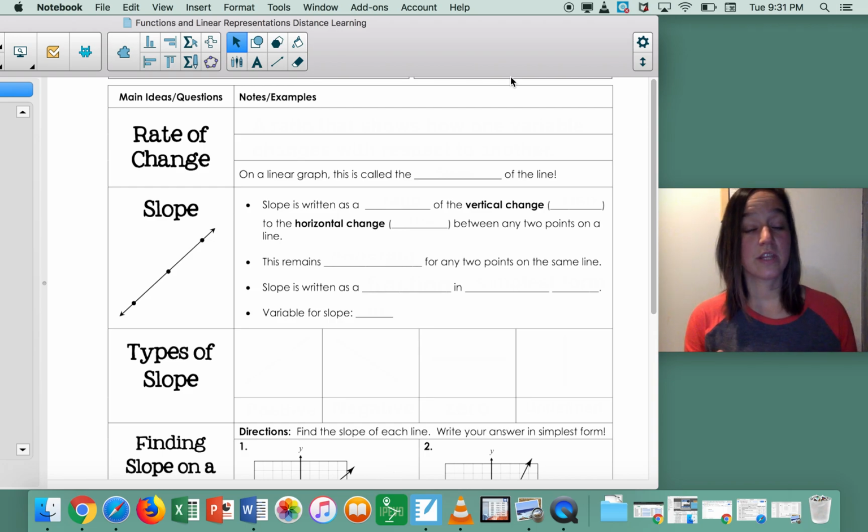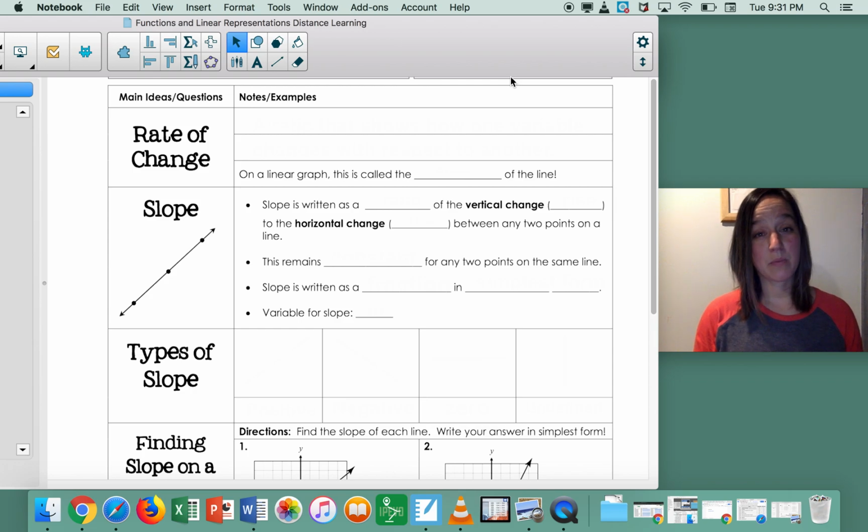If you would like to jot down some notes while we go along, that'd be great. You can jot them down on a piece of paper, or if you have a printer, you can print this out and jot down as we go. Or you can follow along, do some problems on your own on a piece of paper, and use the notes I'm putting on Schoology to check in with that.